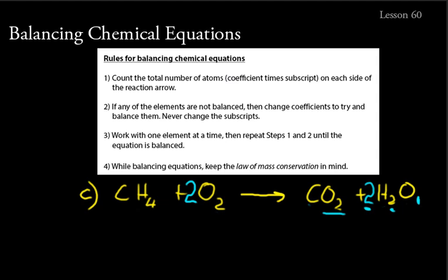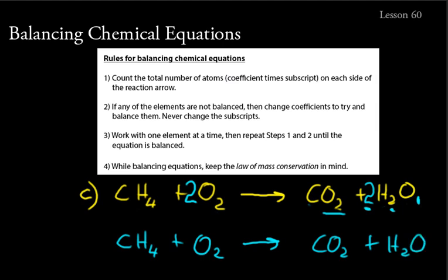So in chemistry, a lot of times, people know, oh, well, I know methane combines with oxygen to form carbon dioxide and water. And so they just write that down first. They write down CH4 plus O2 reacts to form carbon dioxide and water.